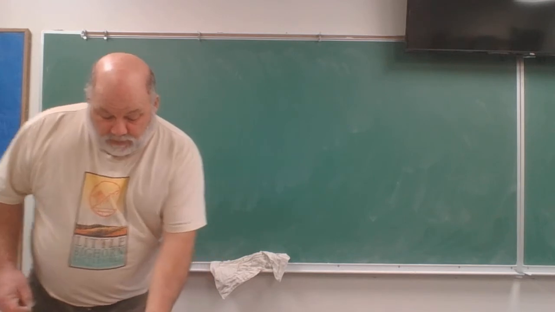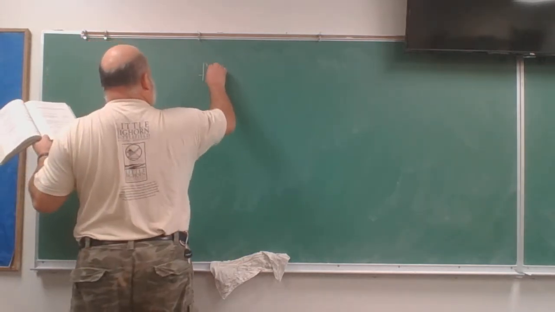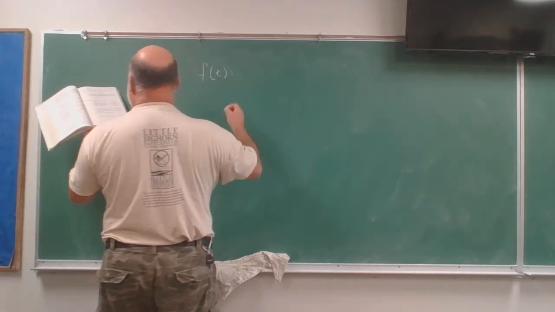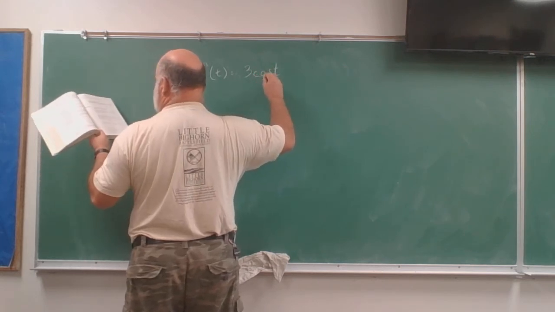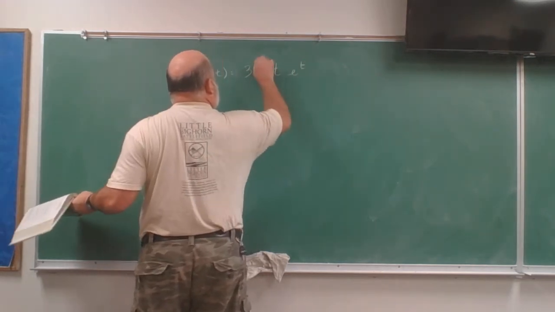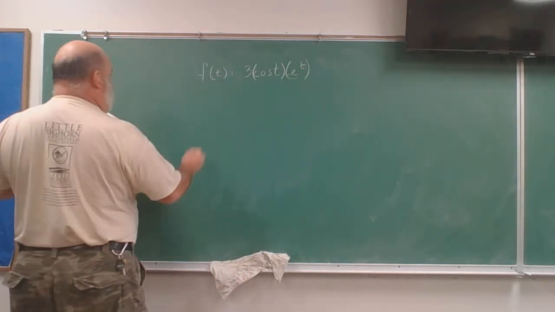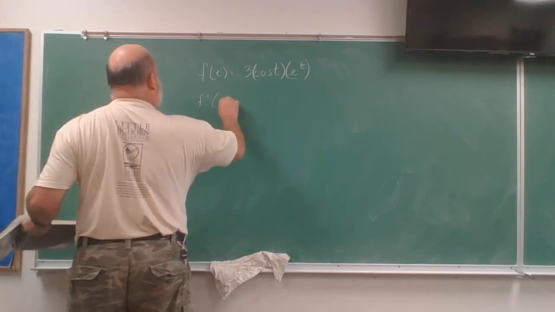Number 9 says if f of t equals 3 cosine t e to the t, approximate f prime of 6 to 2 decimal places.